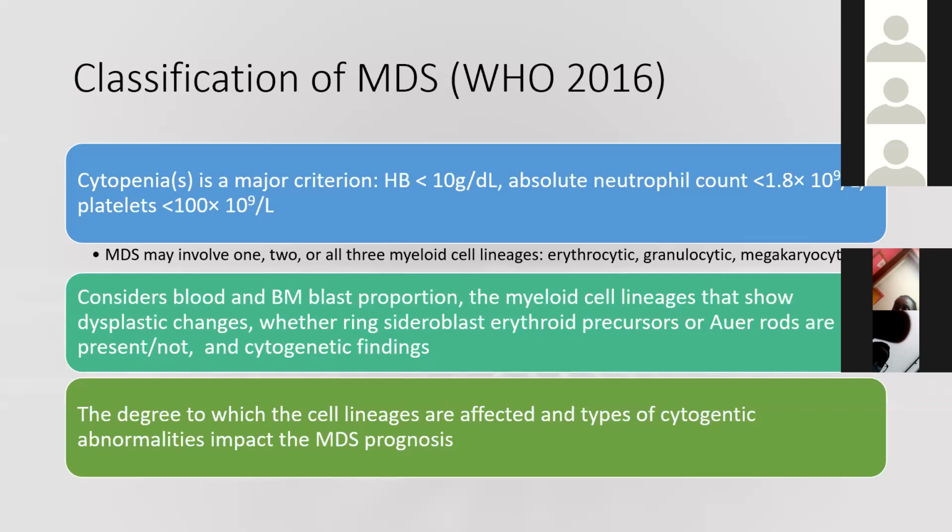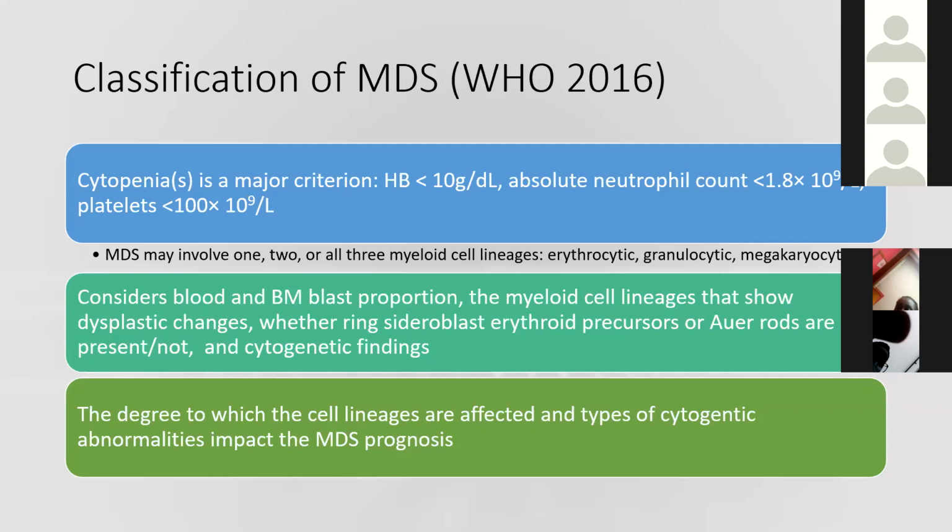It will look at which myeloid cell lineages show dysplastic changes. Although we said a stem cell is affected, 1 or 2 or 3 of the cell lineages may be much more affected than the others.